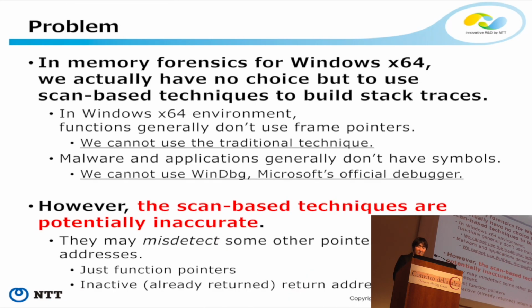Actually, in memory forensics for Windows x64, we have no choice but to use scan-based techniques to build stack traces, because in the Windows x64 environment, functions generally don't use frame pointers. So we cannot use the traditional technique.